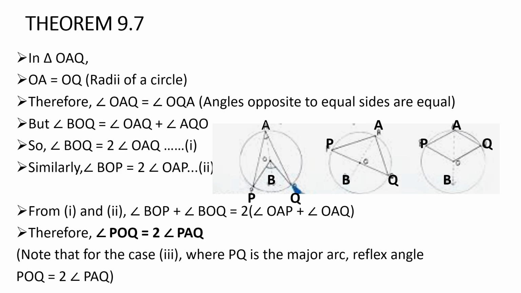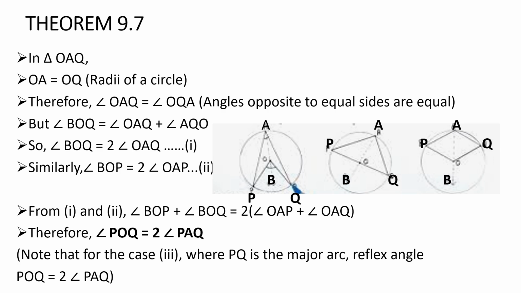Similarly, angle BOP will be equal to twice angle OAP. From the first and second case, when we add them, we get angle BOP plus angle BOQ is equal to twice angle OAP plus angle OAQ. But what is OAP plus OAQ? It is equal to angle PAQ.